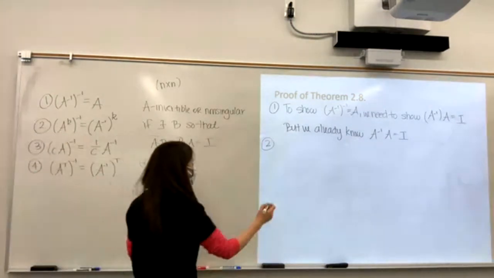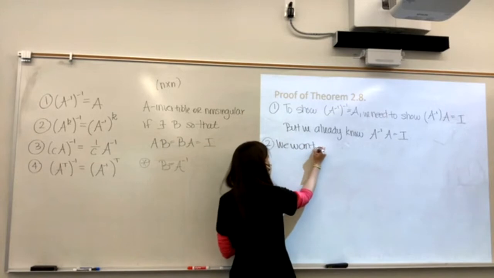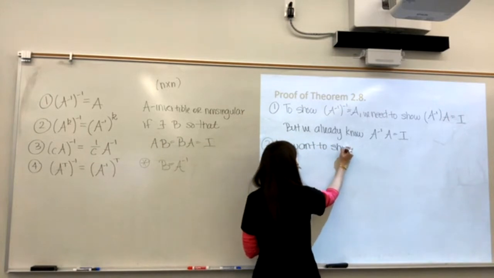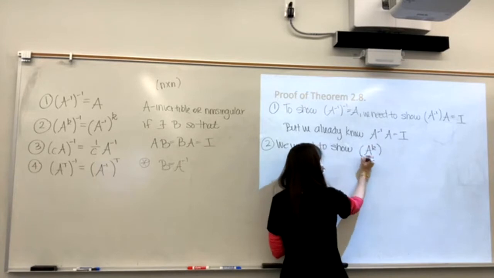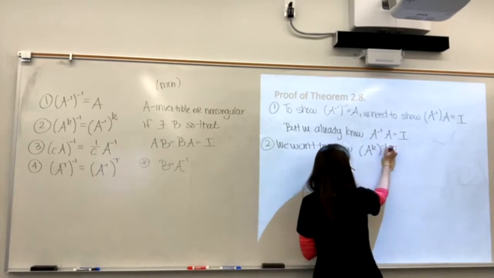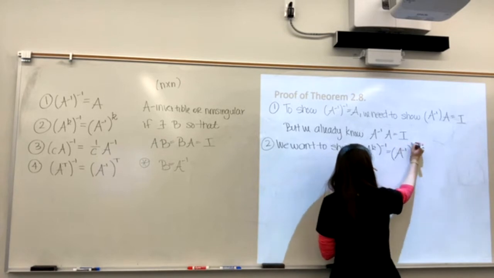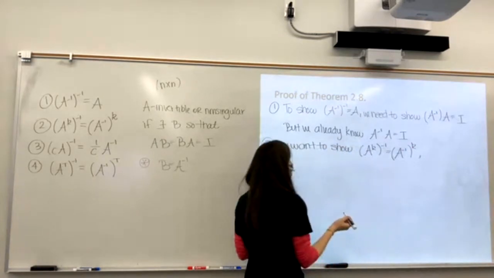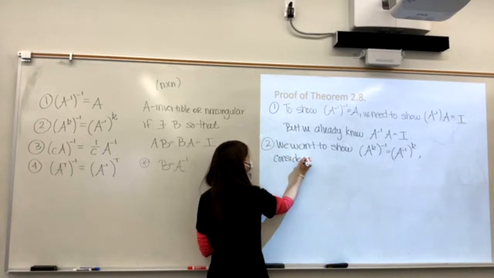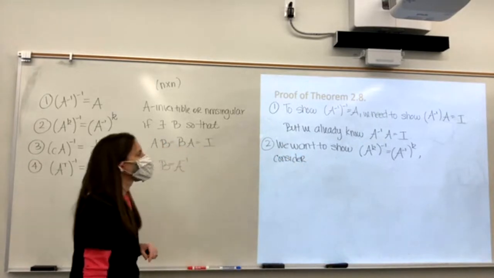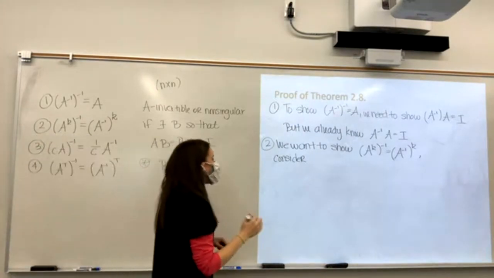All right, so in the second one, we want to show that if I take A and multiply it by itself K times, the inverse of that is A inverse multiplied by itself K times. Let's see.